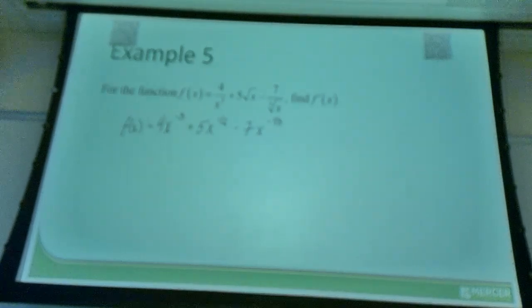Now that's real simple, right? That's just sum, power, scalar rule. What is that second term?